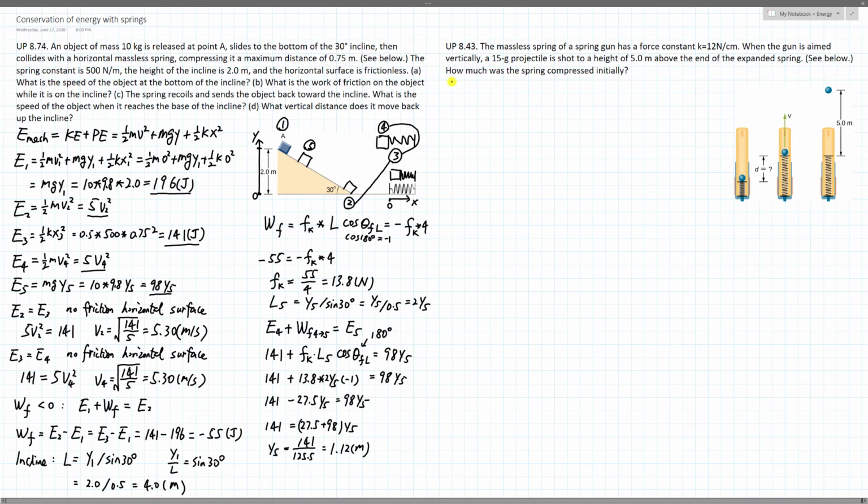So we'll start with enumerating all the terms of mechanical energy. So kinetic energy plus potential energy, and that translates into 1/2 mv squared plus mg y, and also a compression term.